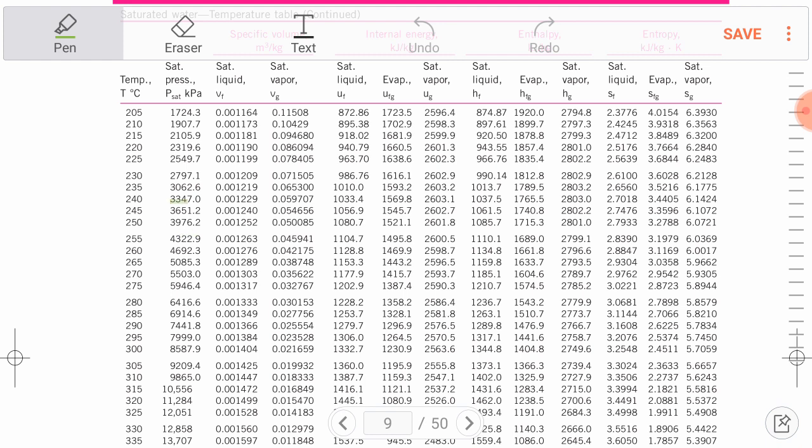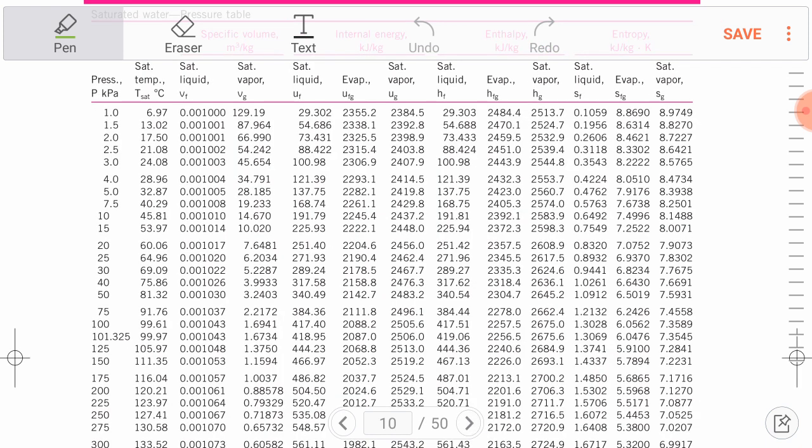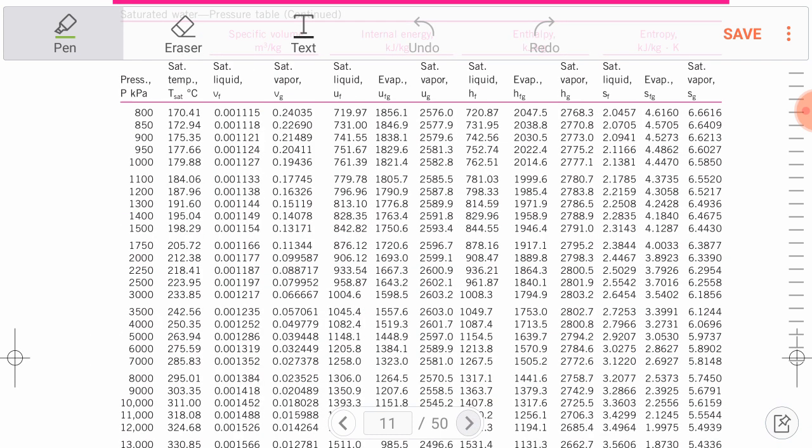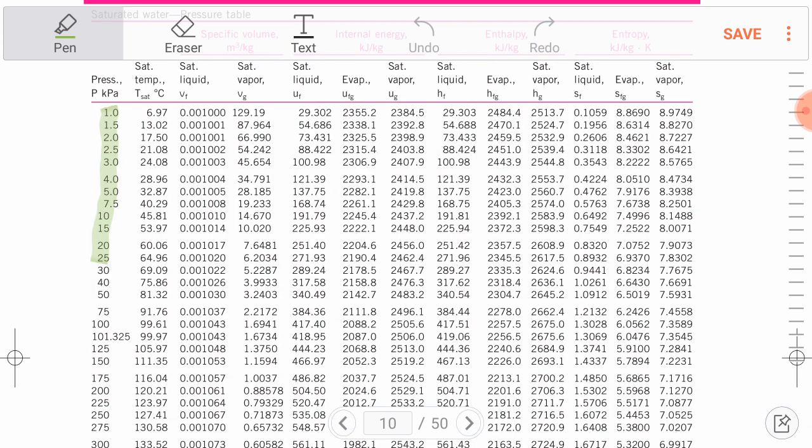So the next table is like this. It is the same saturated liquid-vapor table, but in this case the pressures are in a specific manner, and the temperature values differ accordingly. If we know the pressure, like 100 kilopascal, we can use this table.